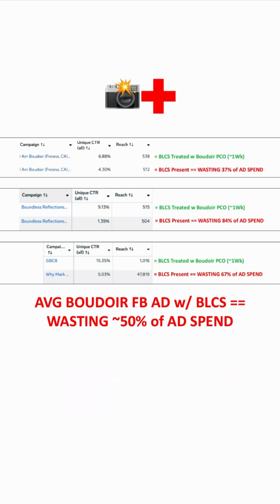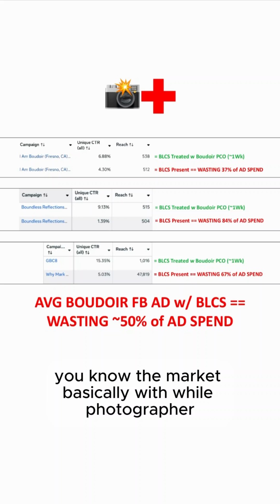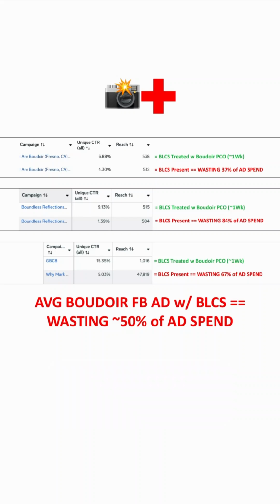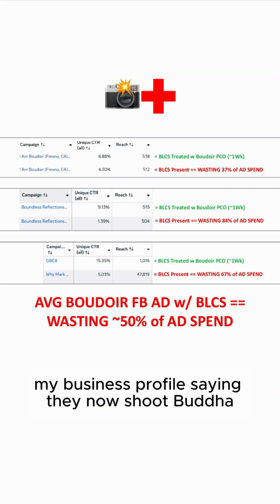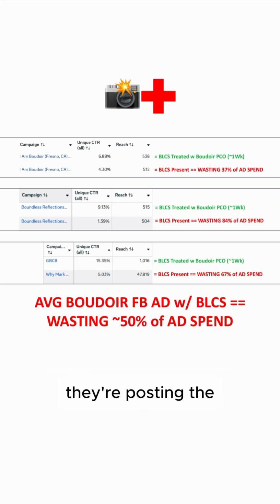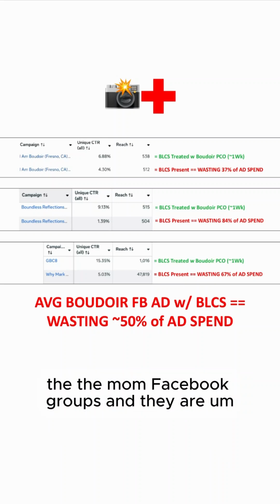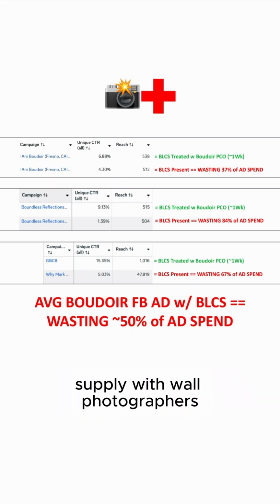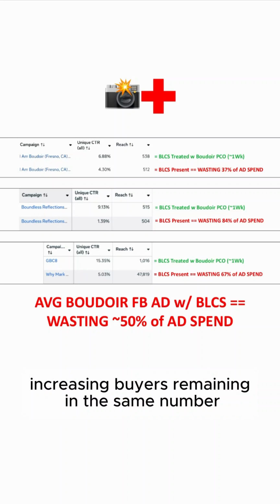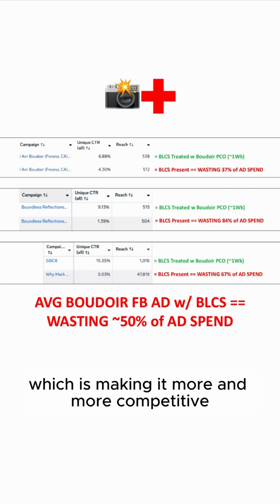and you've seen the Boudoir photographer market getting more and more saturated day by day. It seems like every time someone gets a new iPhone, someone's throwing up their Google My Business profile saying they now shoot boudoir, or they get a new camera and post in the mom Facebook groups. The supply of boudoir photographers is increasing, the number of buyers remains the same, which is making it more and more competitive, harder to stand out.